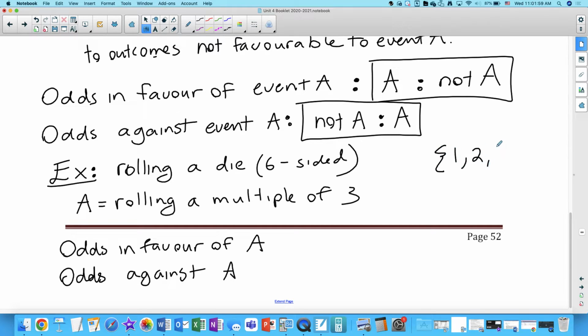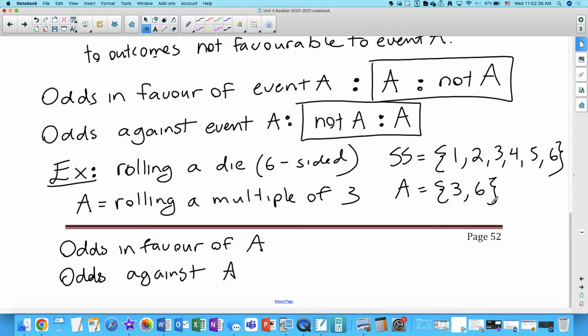Okay. Odds in favor of A. What do you think? How many outcomes are favorable to A? 3 or 6, right? So this is the sample space. A is 3 and 6. Okay. So odds in favor of A means we put the number of events favorable to A first. So how many events are favorable to A? 2.